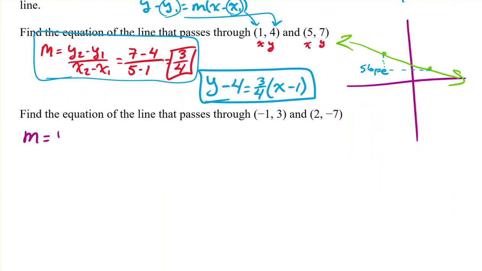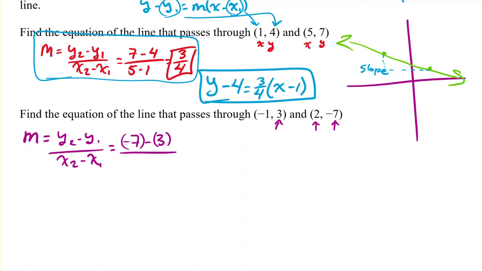The slope is y2 minus y1 over x2 minus x1. y2 minus y1, so -7 minus 3, over x2 minus x1, 2 minus -1. -7 minus 3 is -10. 2 minus -1, so 2 plus 1 is 3. So this is -10/3. That's our slope.